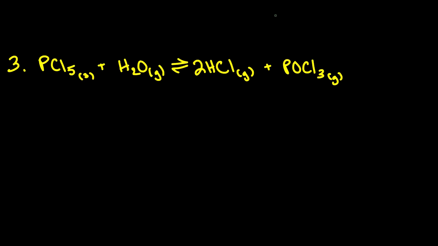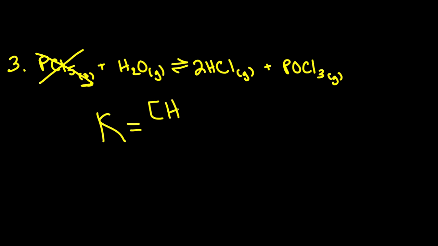All right, next one. We got 4 species. Balanced equation. I notice one of them is a solid. Solids do not affect equilibrium. I'm completely going to ignore PCl5. So K equals products over reactants. 2 products. First product is HCl.